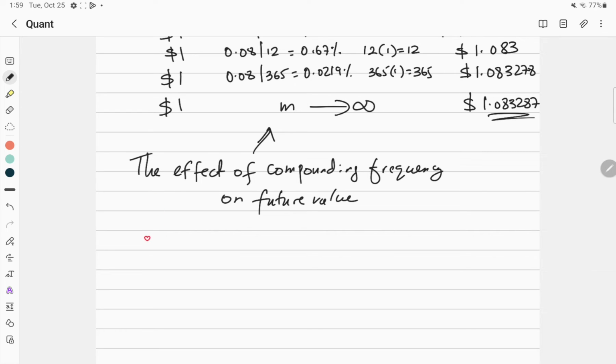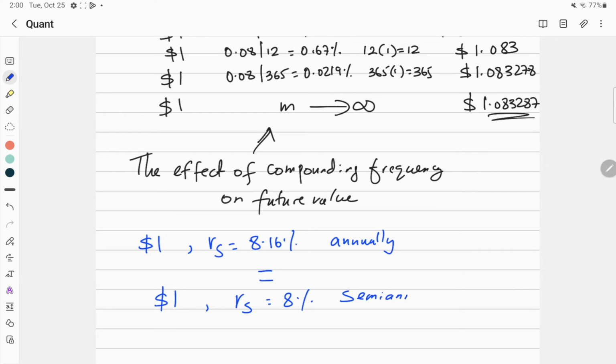Let me just change my pen to blue. So if you invested $1 today at a stated annual interest rate of 8.16% compounded annually, that is one time a year, this will have the same future value as a $1 investment at a stated annual interest rate of 8% that is compounded semi-annually.